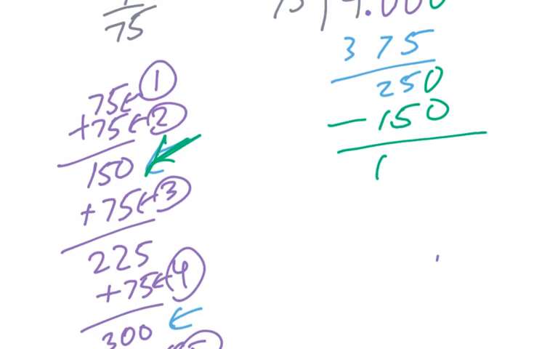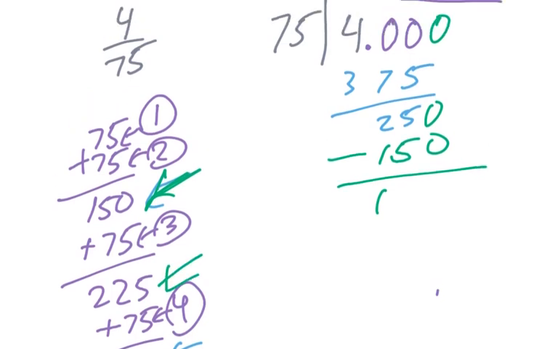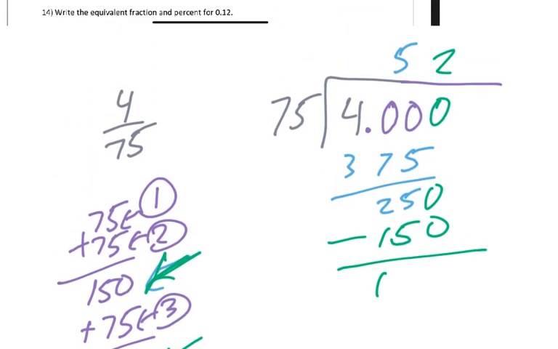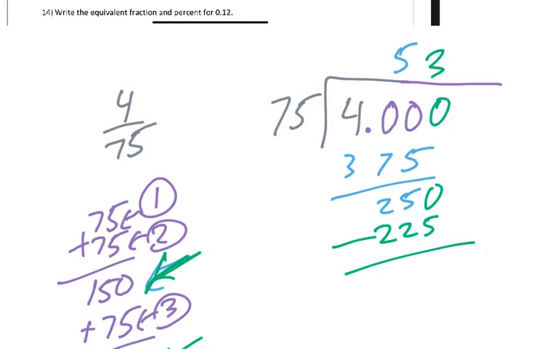I'm sorry, I made a mistake. I can't read. It goes 225 because that's less. So it's not 2 times, I apologize. It's 3 times because that gives me 225. 225 is less than 250.